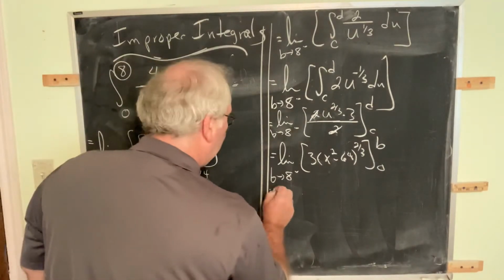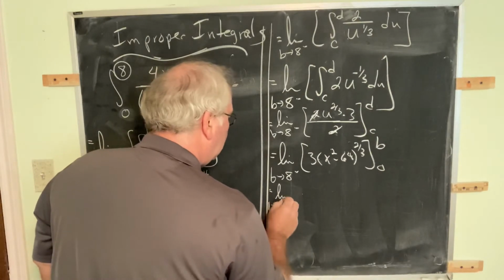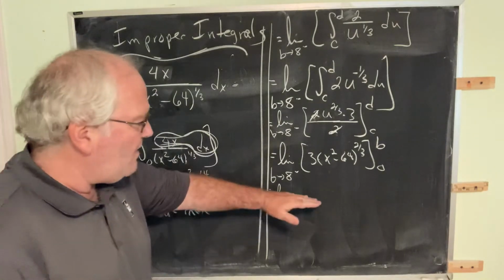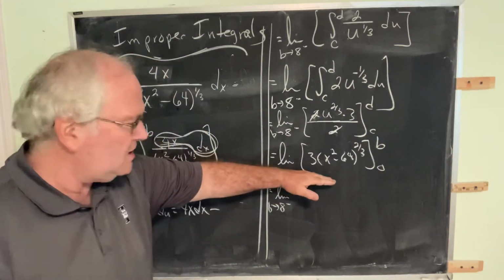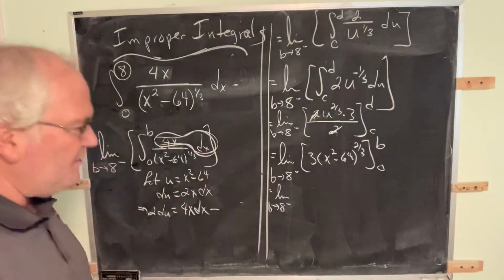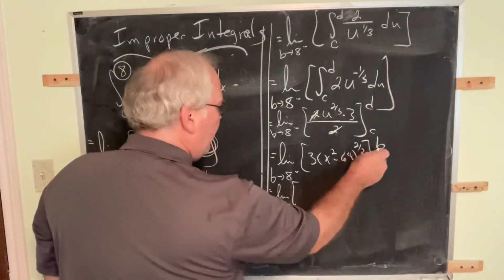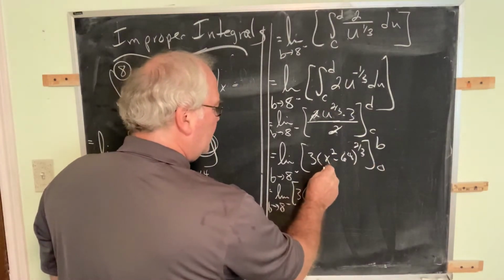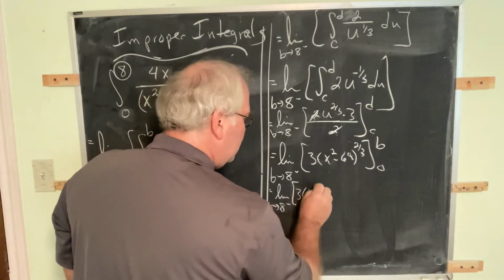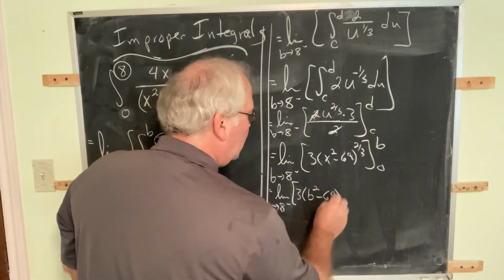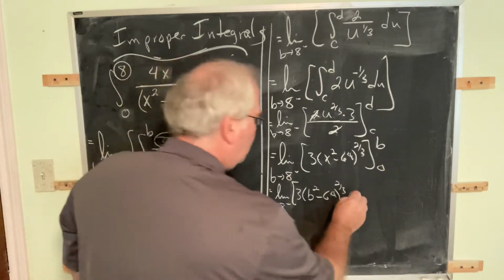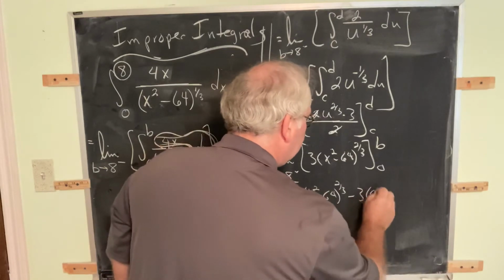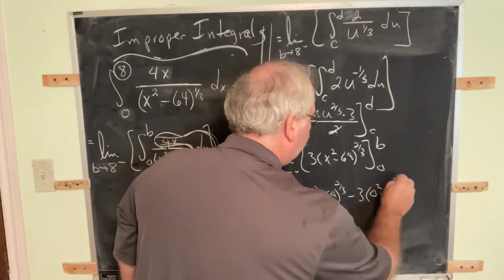So now we need to evaluate. What's the rule? Compute the antiderivative. Check, got that. Evaluate at the upper minus the lower. We're going to do that in the next step. And then evaluate the limit that we inherit from that. So when you evaluate the upper limit of integration, this is 3 times (b squared minus 64) to the 2/3 power, minus, evaluating at the lower limit of integration, 3 times (0 squared minus 64) to the 2/3 power.